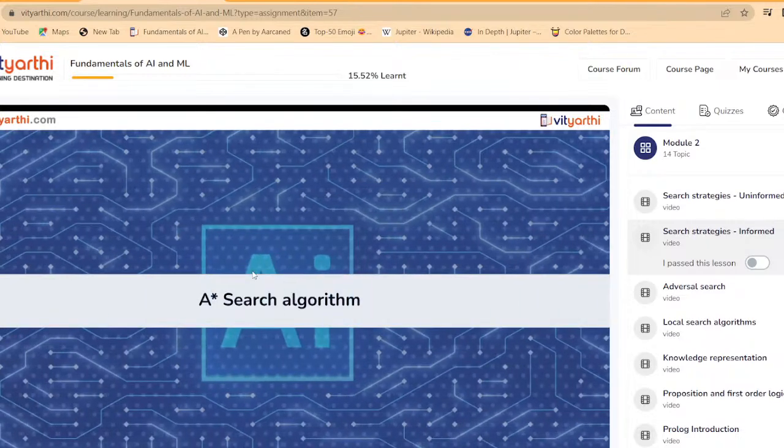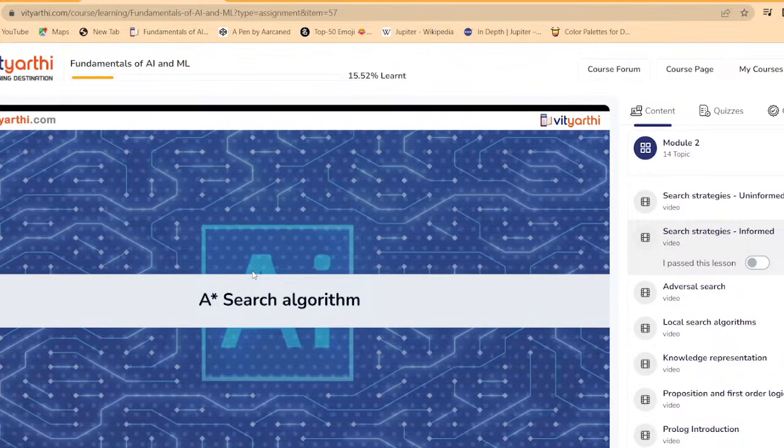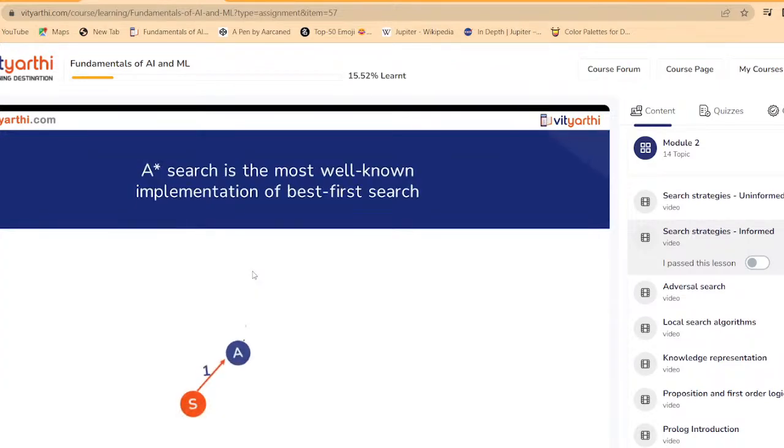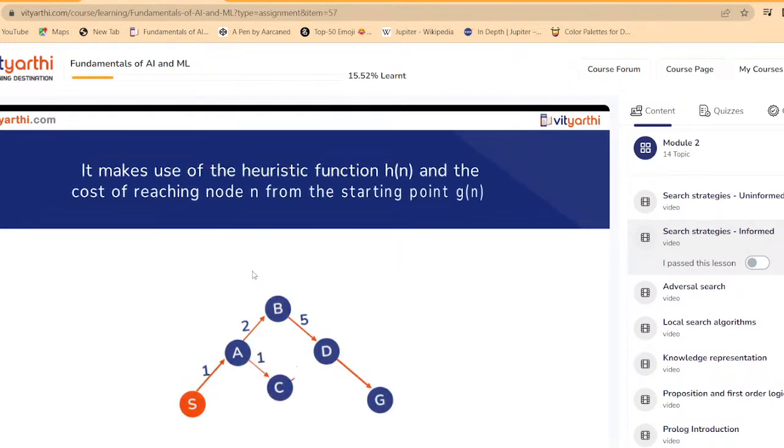The second algorithm is the A-star search algorithm. A-star search is the most well-known implementation of the best first search. It makes use of the heuristic function and the cost of reaching the node from the starting point.